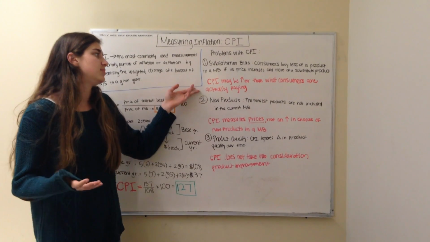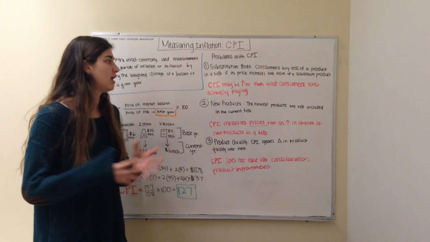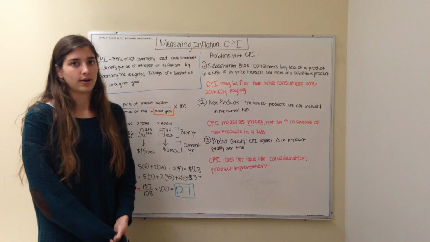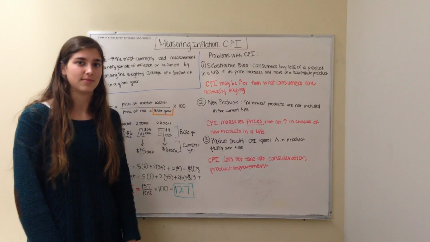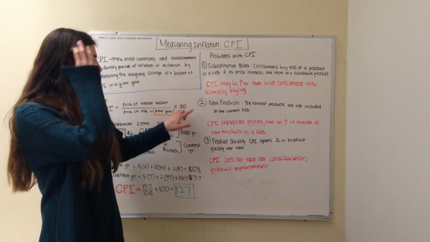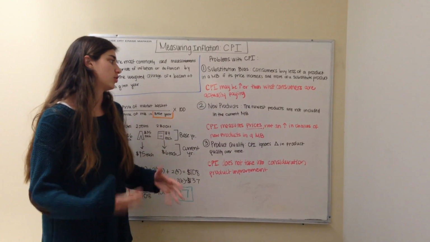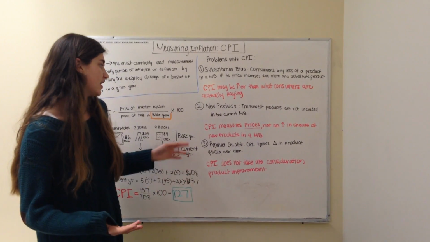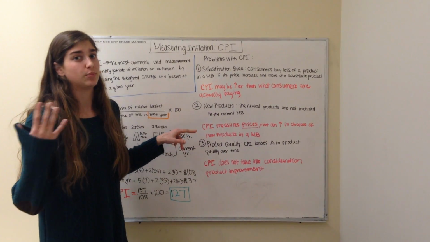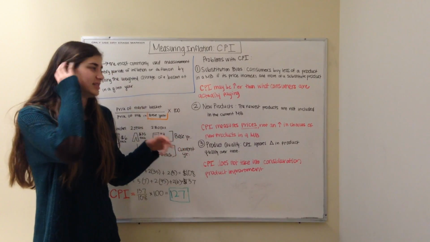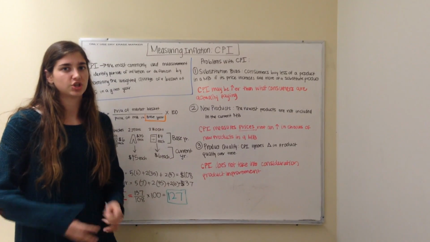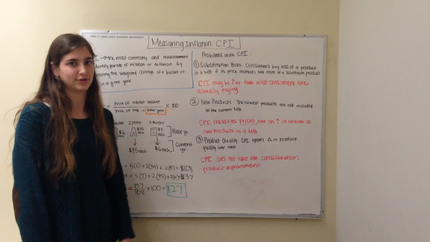So here we can see that the CPI may be higher overall than what the actual consumers are buying, because what they may be buying might be cheaper. The next is new products. The newest products are not included in the current market basket, meaning that CPI measures only prices in that year, not an increase in choices, which can evolve over time.